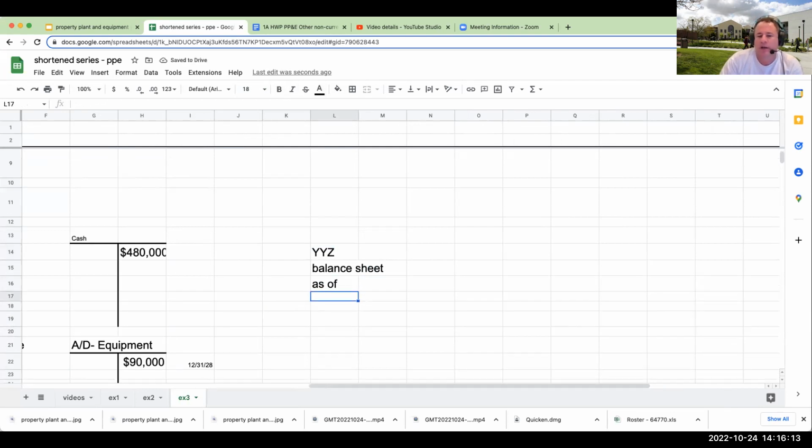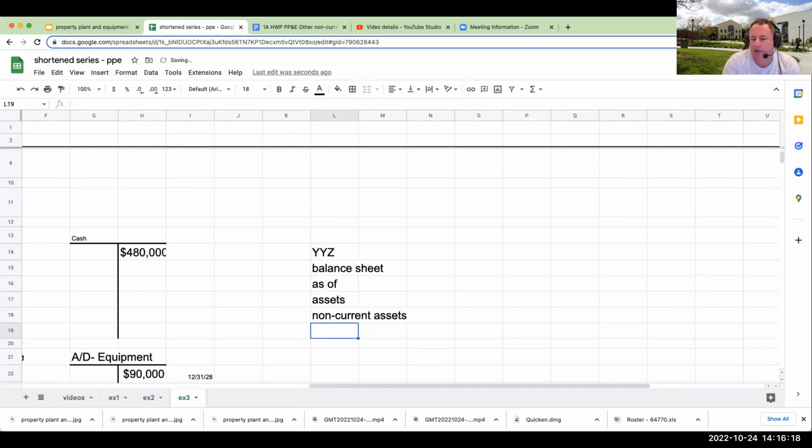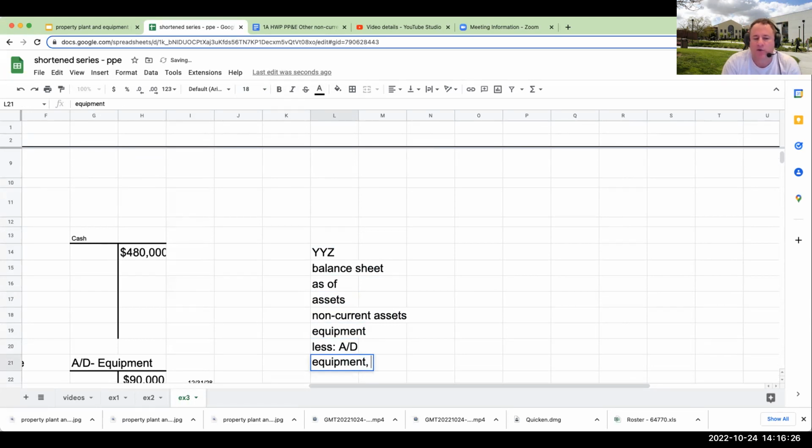We're going to have assets and non-current assets, because this is where equipment goes. We're going to have equipment less accumulated depreciation on equipment, which gives us equipment, net.